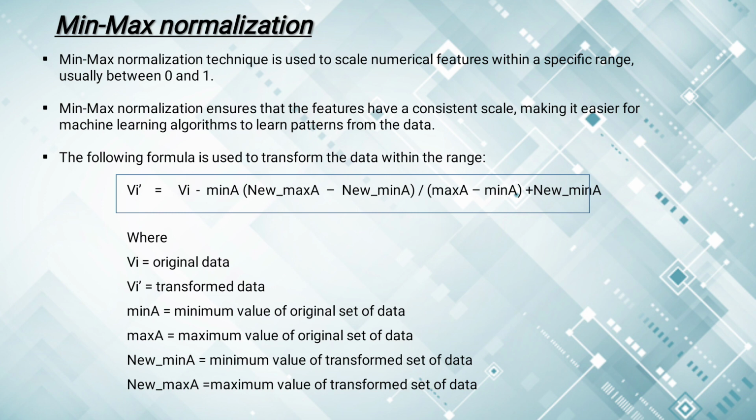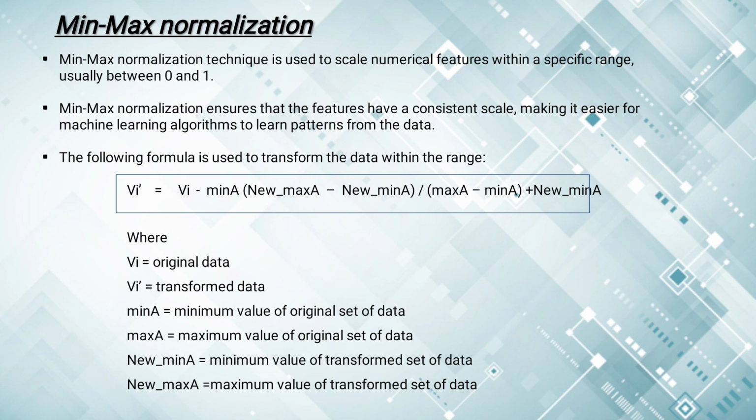New min, the transformed data minimum number. Max A, maximum number in the original data. Min A, minimum number in the original data, plus new min A, which means minimum number in the new dataset or transformed dataset. This is the formula.